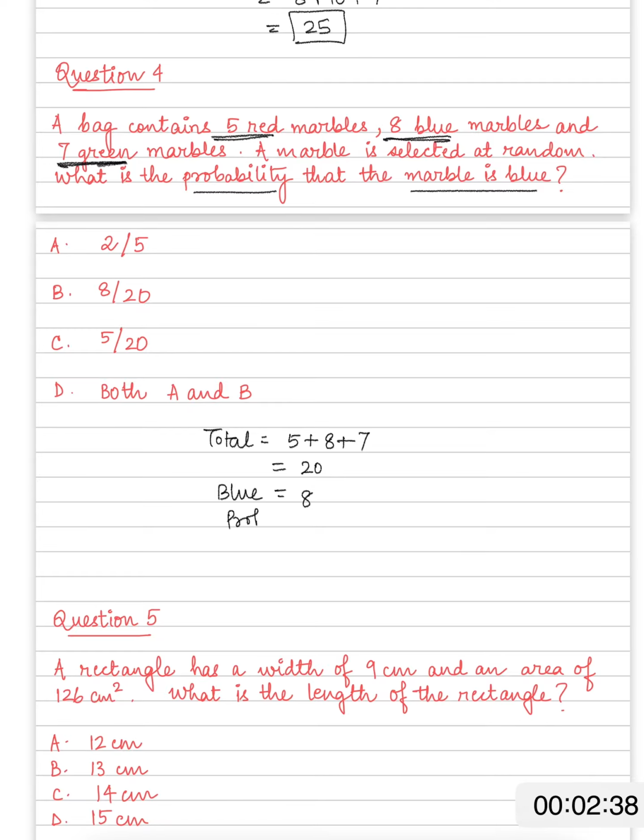So probability will be 8 by 20, right? We already have an option of 8 by 20. Don't make the mistake of stopping there, because there is also an option of both A and B. So you have to check this. Now if you cancel everything by 4, it will give you 2 by 5. So this is also correct. So option D is our correct choice.